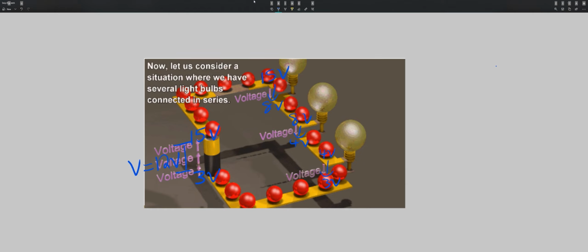My potential drop across each resistor adds up to my total voltage provided by the battery. My battery provides a voltage of 12 volts, and each resistor causes the voltage to drop, which we call a potential drop.